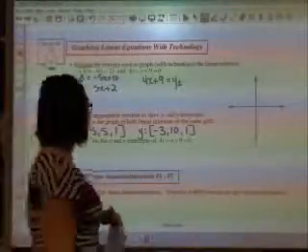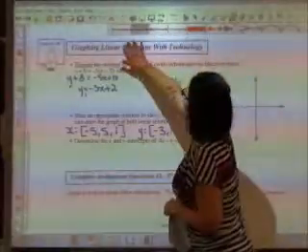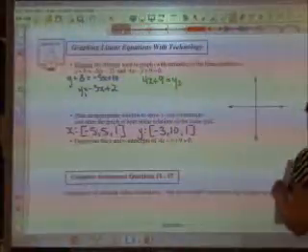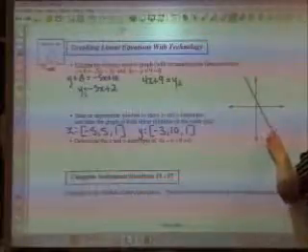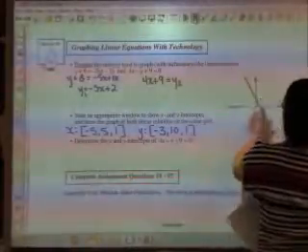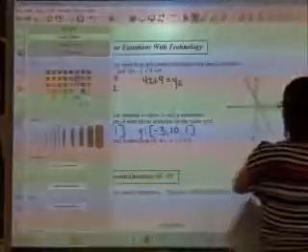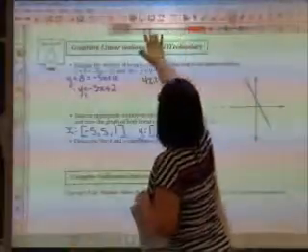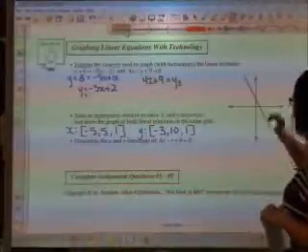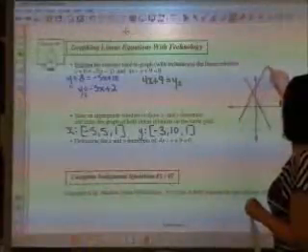So then if I sketch these two graphs, negative 5x plus 2 looks something like this. And then 4x plus 9 looks something like that.